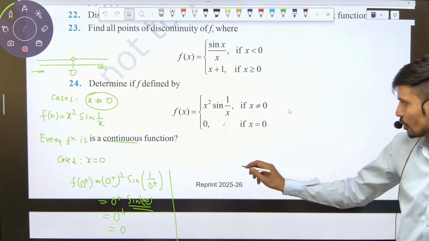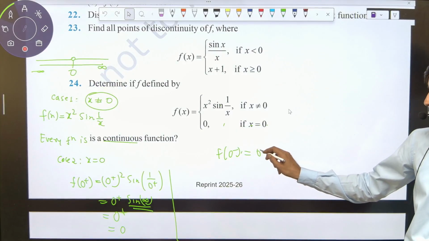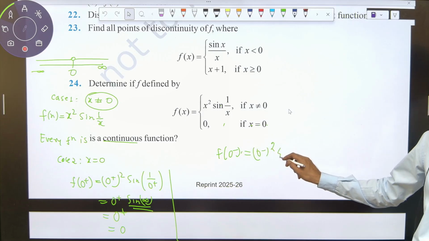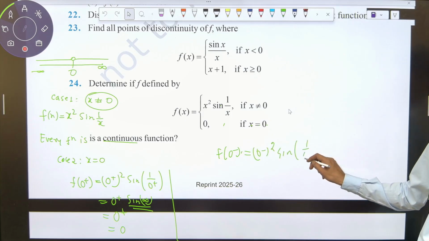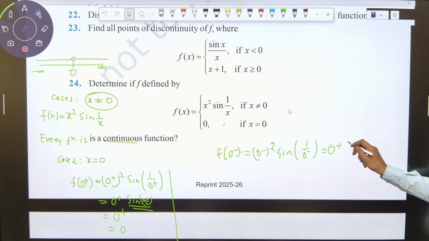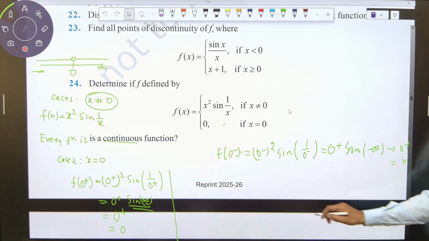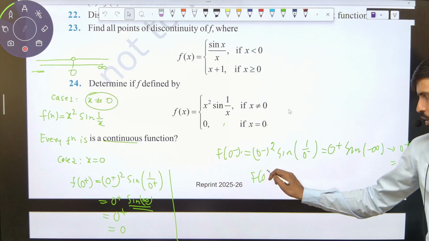Now we'll find f(0 minus). That is (0 minus) squared sine 1 by (0 minus). (0 minus) squared will be 0 plus, into sine minus infinity, and that will tend to 0 plus only, and the answer will be 0. Now we'll find f(0).